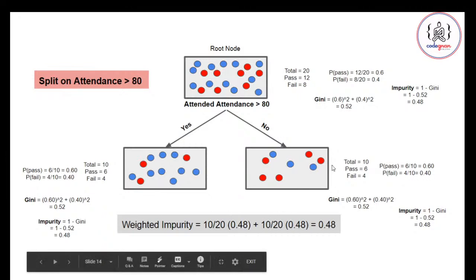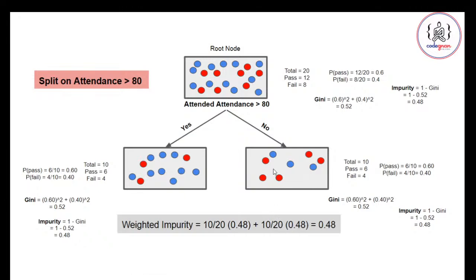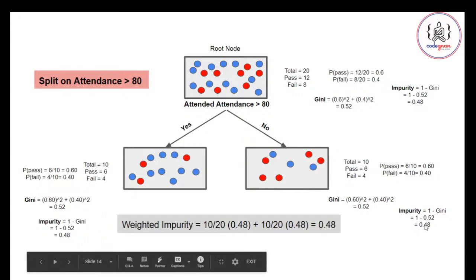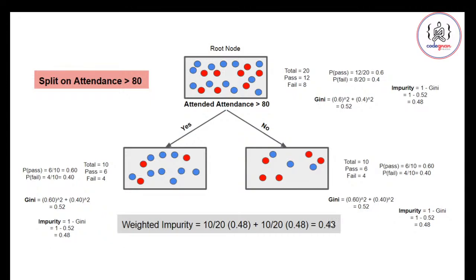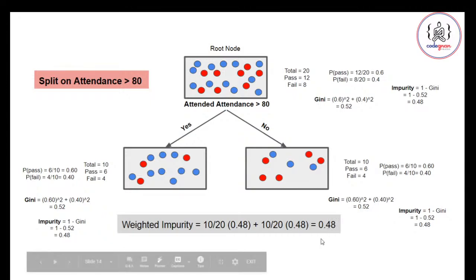So what is 10? 10 is the total number of data points in your right subnode, divided by 20, which is the total number of data points in your root node, into the impurity at this right subnode.